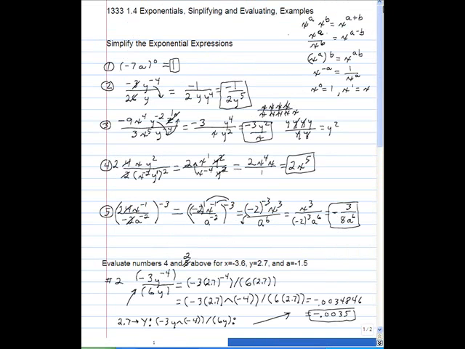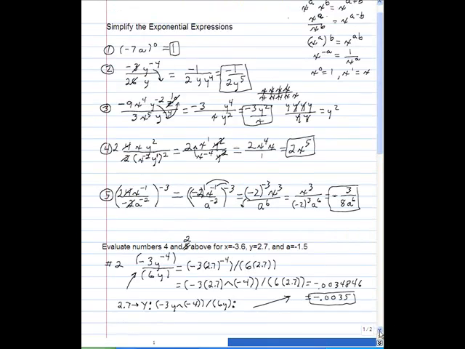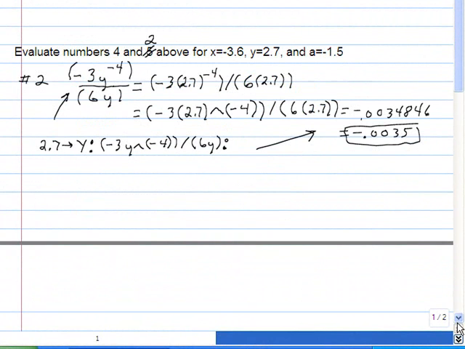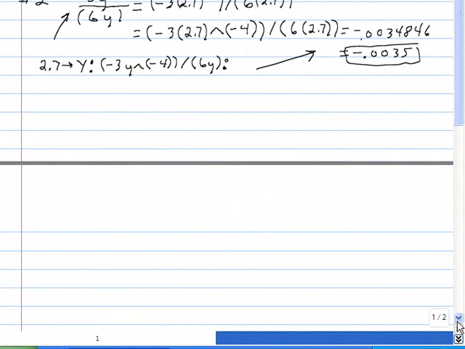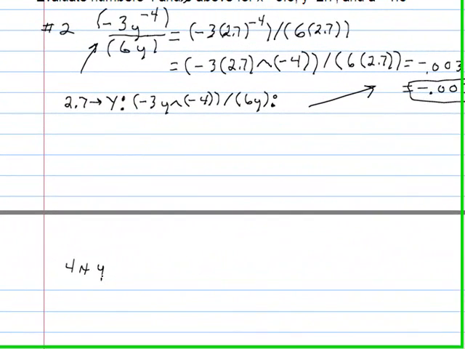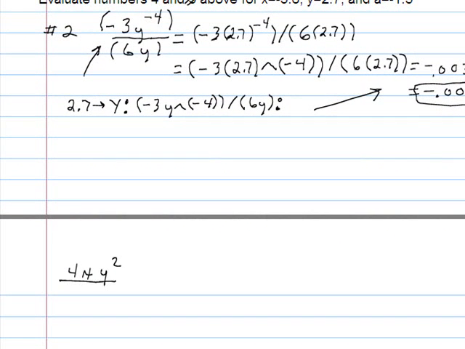Well, let's do one more. We'll do kind of a tough one here. I'm going to try to do number 4. That's kind of a complicated one. I put down the original problem, 4x y squared over 2 open bracket x to the -2 y close bracket squared.